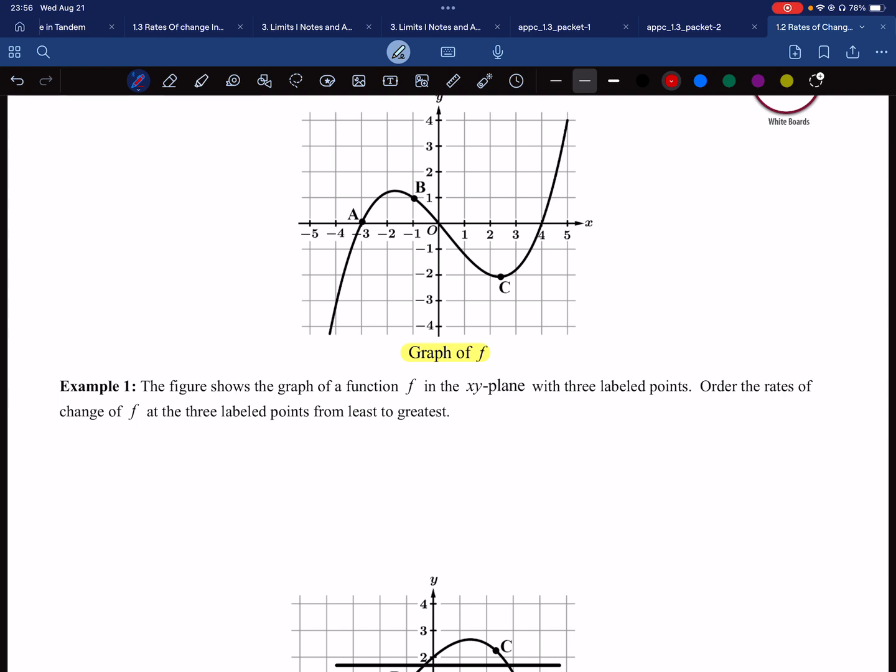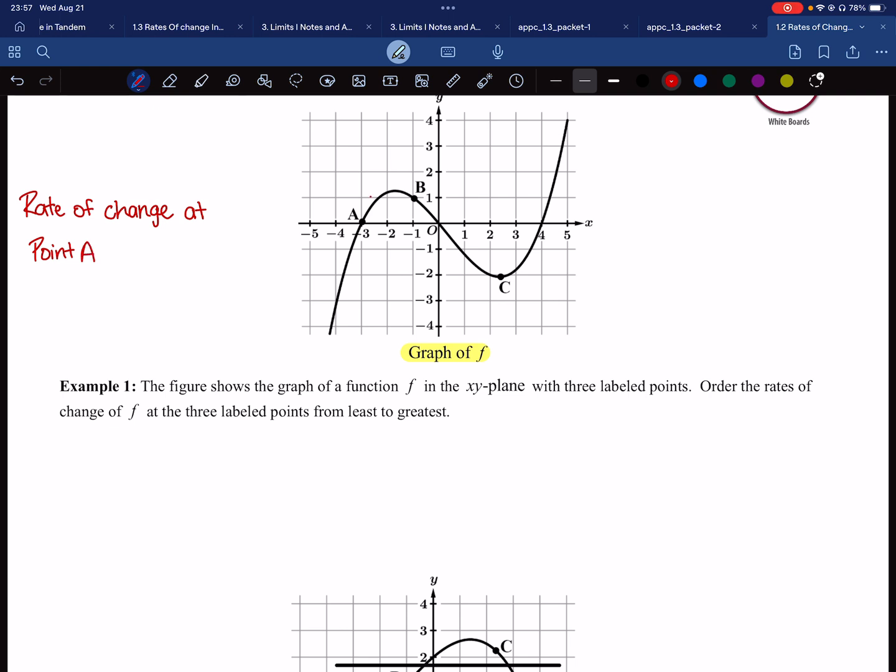Again, the only words we can use are positive, negative, and zero. We're going to start with point A.